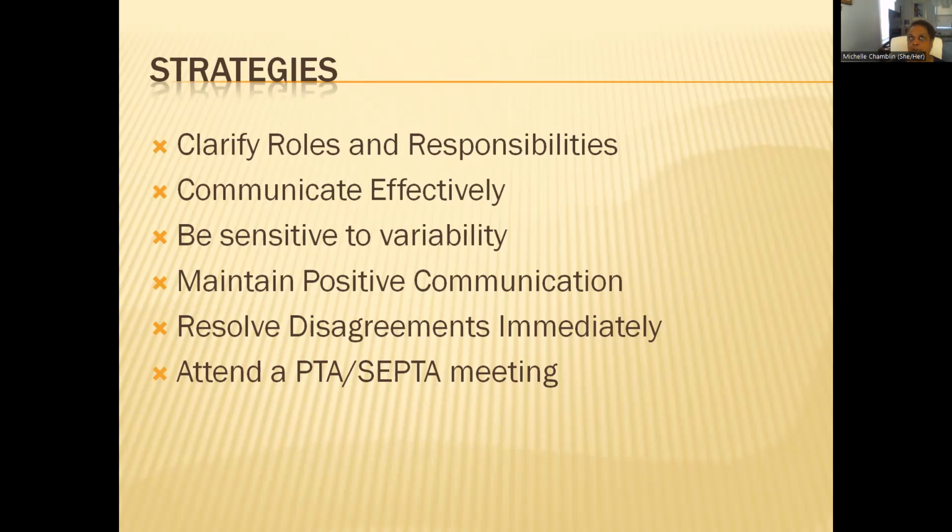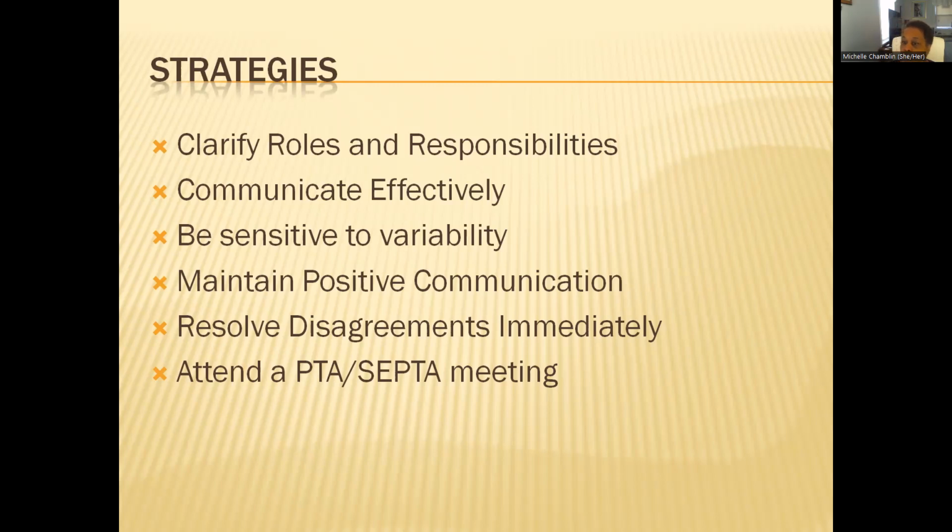And when you have a one-to-one para, it's interesting because technically that person is assigned to that one child. So when you have 7 adults in a classroom, there could be a whole lot of problems with who's doing what, whose responsibility.